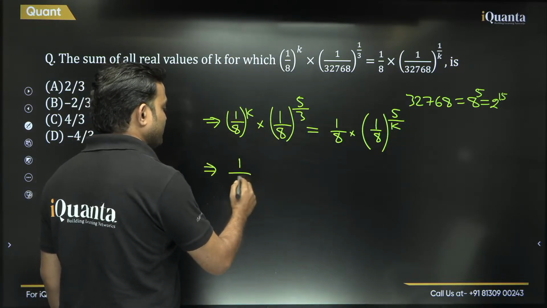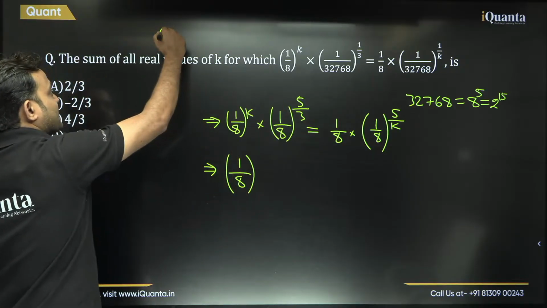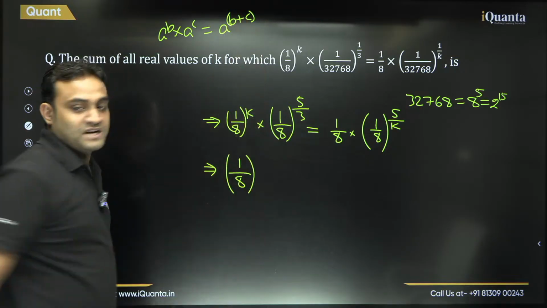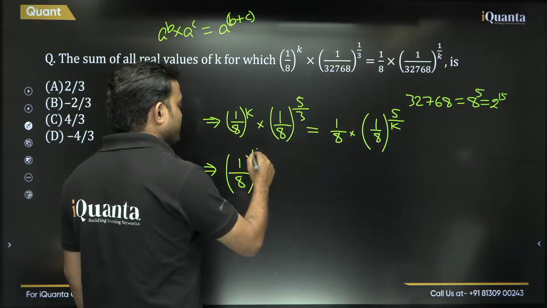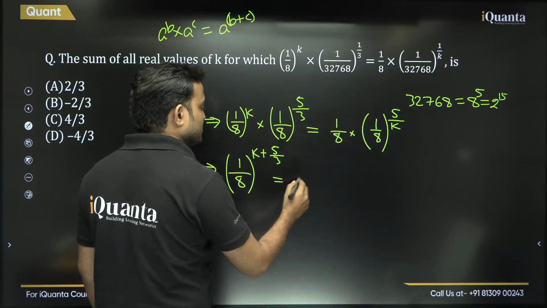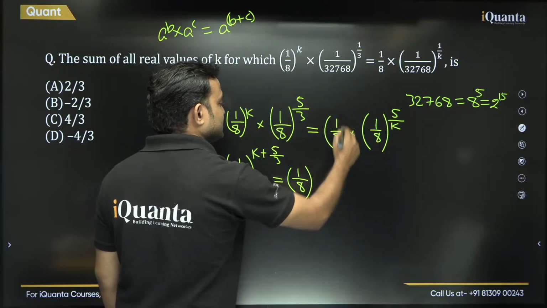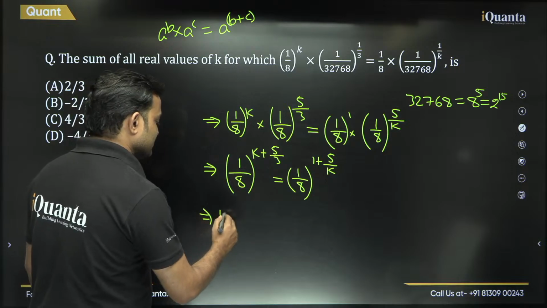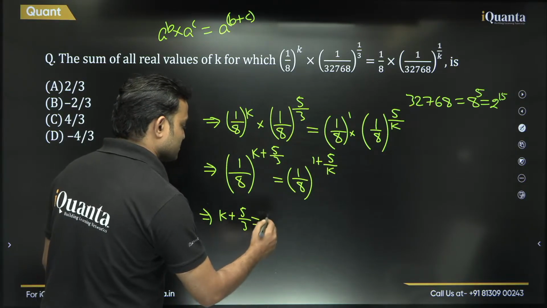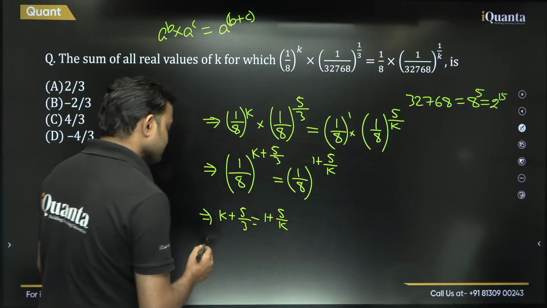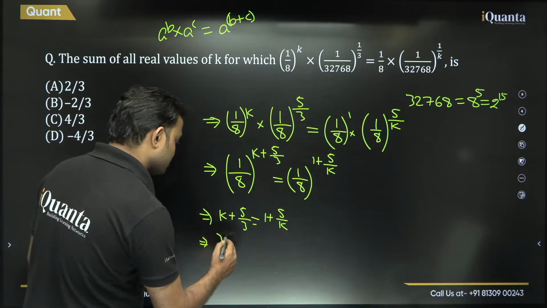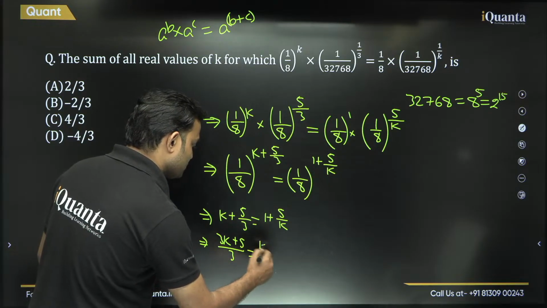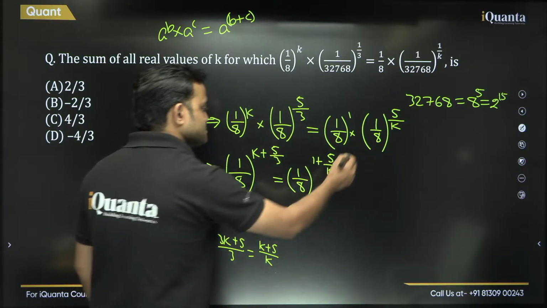From there, the powers will be added. We know that a^b times a^c is equal to a^(b+c). So we can say (1/8)^(k+5/3) is equal to (1/8)^(1+5/k). Now the base is equal, so k + 5/3 is equal to 1 + 5/k. So (3k+5)/3 is equal to (k+5)/k.